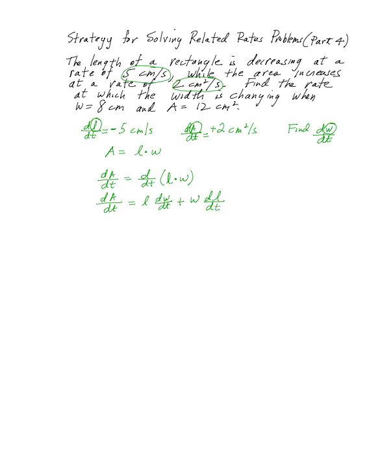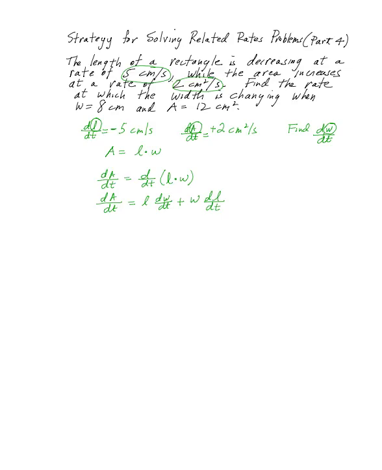So now notice that I have an equation that relates all the derivatives in the problem. Step 4, I substitute the values that are in the problem for the quantities in this equation.